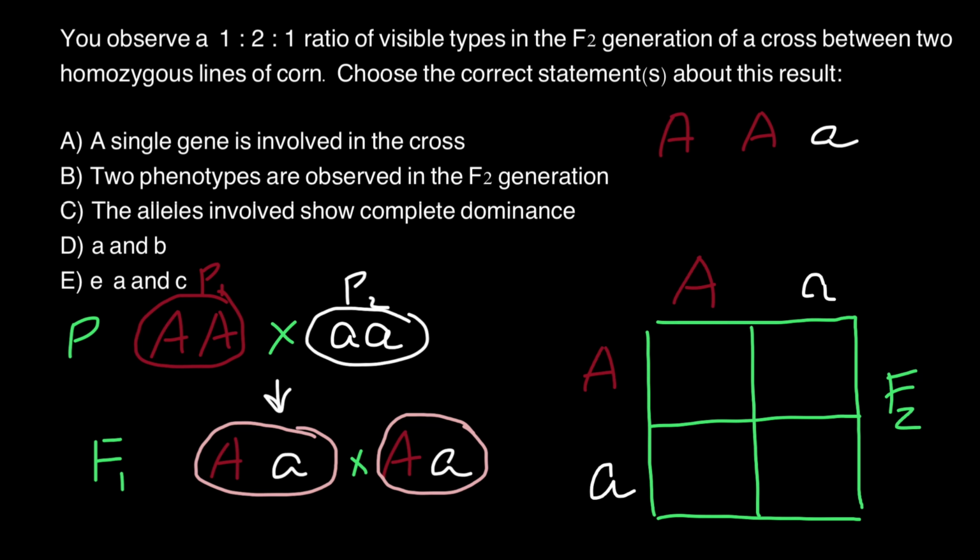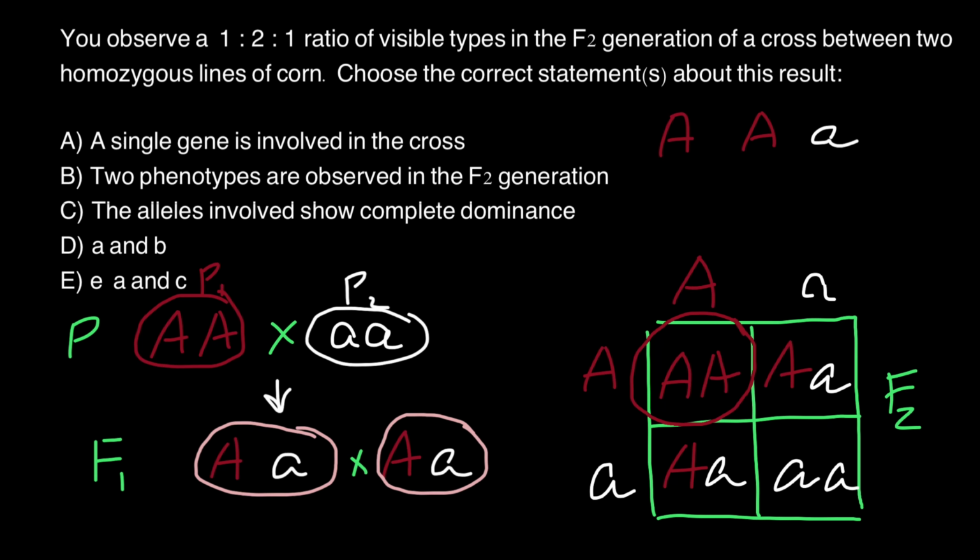So this is the F2 generation. Capital A capital A here, capital A small a here, capital A small a here, and small a small a here. In the F2 generation we are going to get three phenotypes.